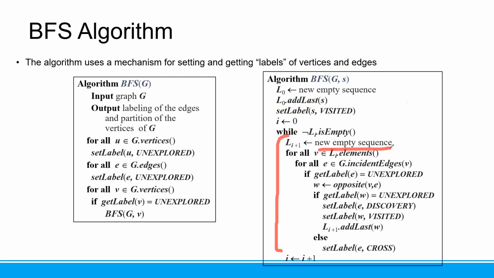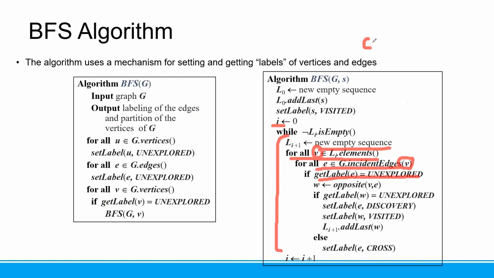It means we are going to make a new list, and for all v in Li, because we know that i is 0, we will check every vertex, and for every vertex in Li, we will check the incident edges from that vertex, and then check if the label is unexplored.